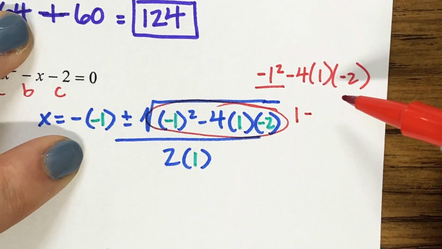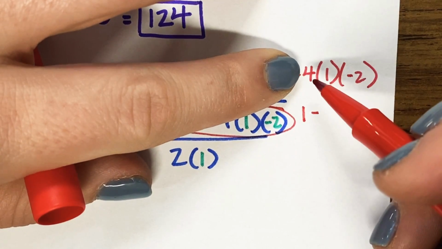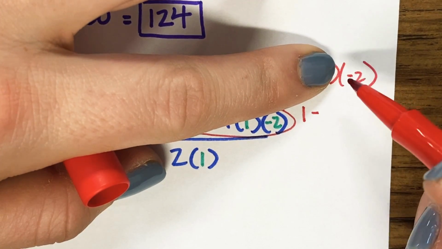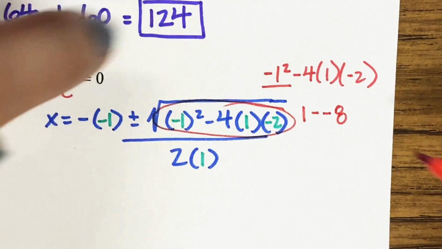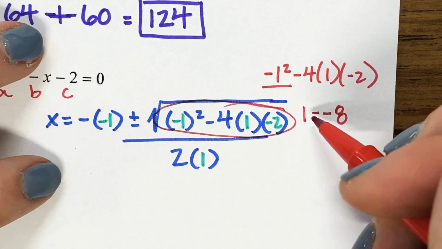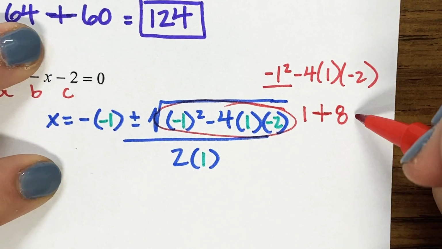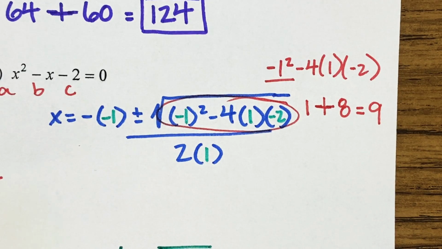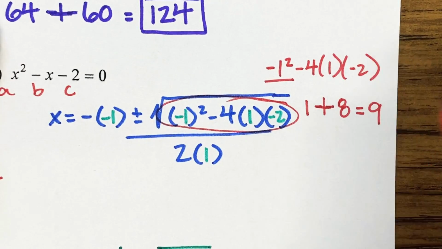Okay, we're going to subtract the next part, which is 4 times 1 times -2. 4 times 1 is 4. 4 times -2 is -8. Okay, what is 1 minus a -8? Double negative turns into a positive. 1 plus 8 is 9. Okay, so we figured out this whole piece inside of there is just a 9.